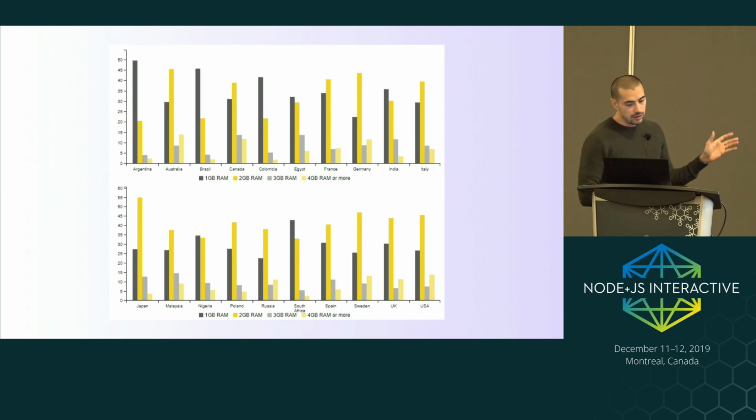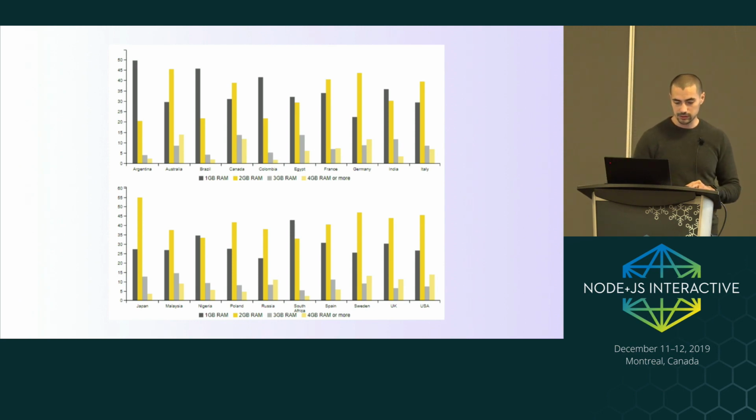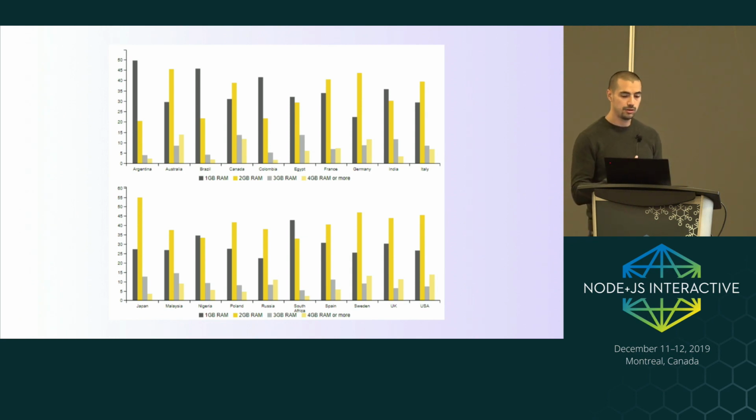What we are seeing here is a graph that aggregates smartphones by the amount of memory. And it's dated for the year 2017. Dark gray bars represent devices with 1 gigabyte of memory. Following, there's a yellow bar with devices that have 2 gigabytes. And the light gray is devices with 3 gigabytes of memory.